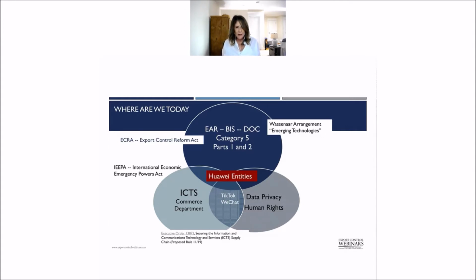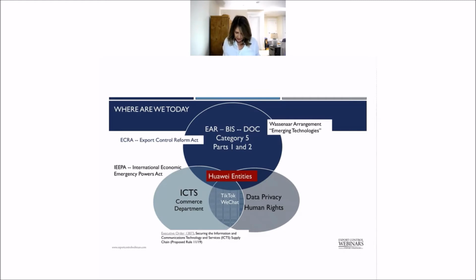Bottom line is the order came in on Friday last week that the US couldn't use TikTok or WeChat inside the US. That was Friday afternoon, and by Monday morning, there was a court injunction against that taking place. So crazy times, intersecting agencies, overlapping concerns. That's kind of the crazy world that we're in today.